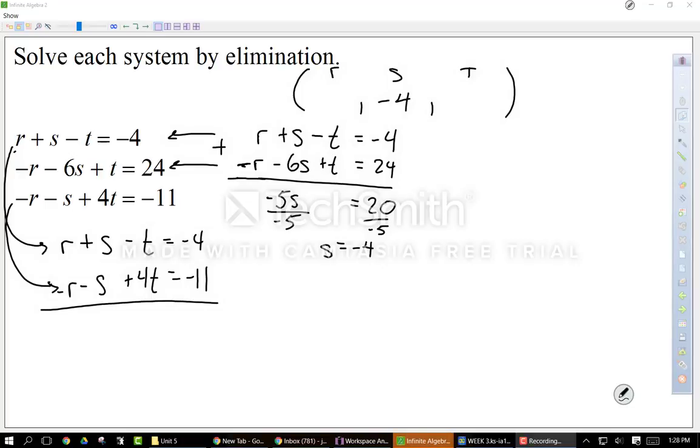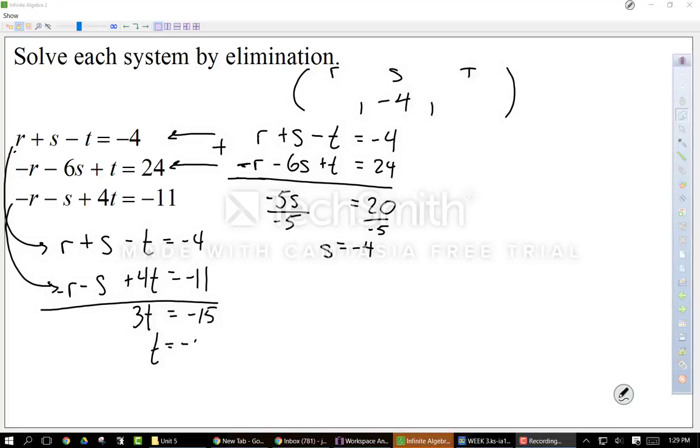So that's good. Your goal is to get these 3-variable systems down to 2 different new equations by eliminating a variable, and then solve as we did prior. So that's what I'm doing. R minus R is 0. S minus S is 0. -T plus 4T is 3T equals -15.